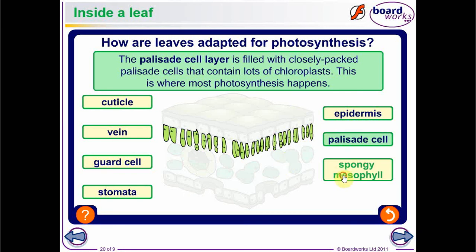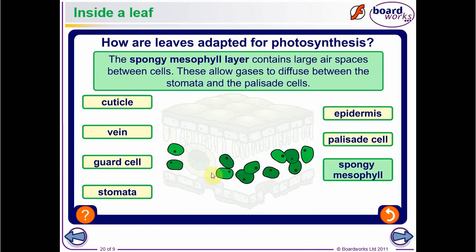Under the palisade, we have the spongy layer. They are irregular cells. They also do photosynthesis, but they contain less chloroplast than the palisade, so they don't do photosynthesis as much as the palisade. The palisade cells do more photosynthesis.